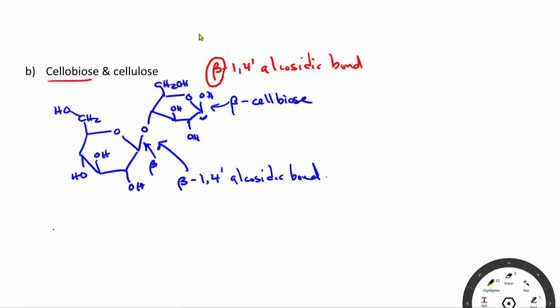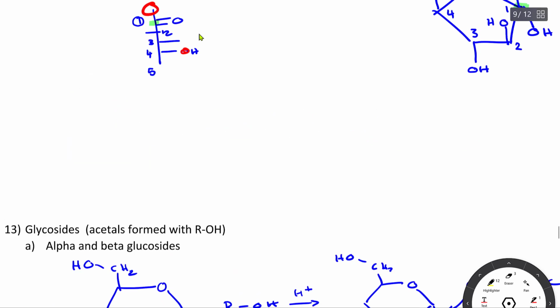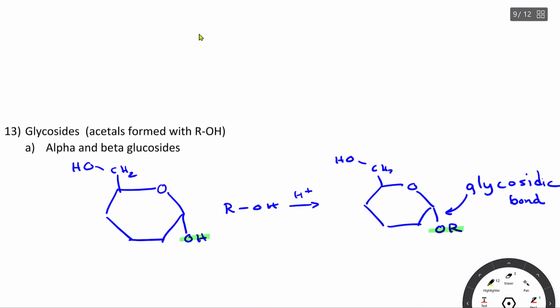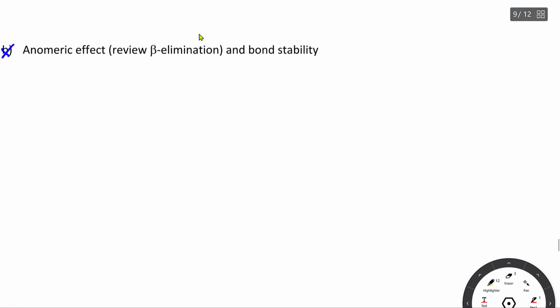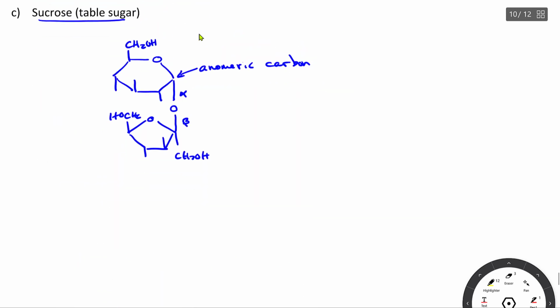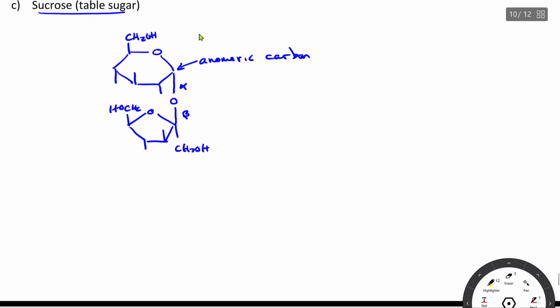Because it can be up or down, they're referred to as anomers. Same thing for glucose. If I just go to the monomers, this would be the alpha version, and the up version would be the beta version. So alpha and beta anomers is a term that we use, but they're connected through their anomeric carbons in table sugar.